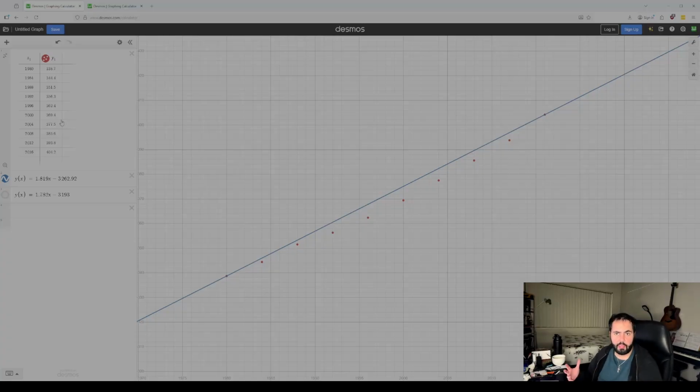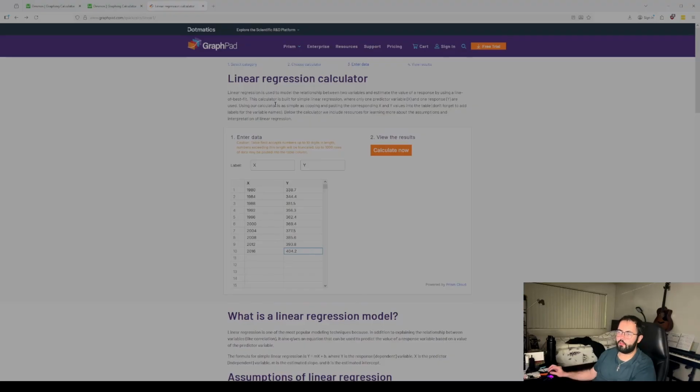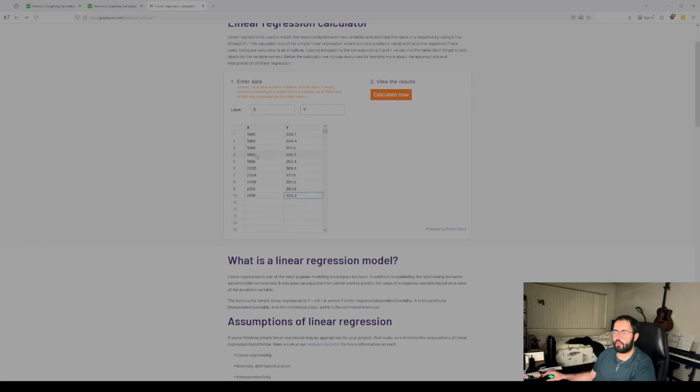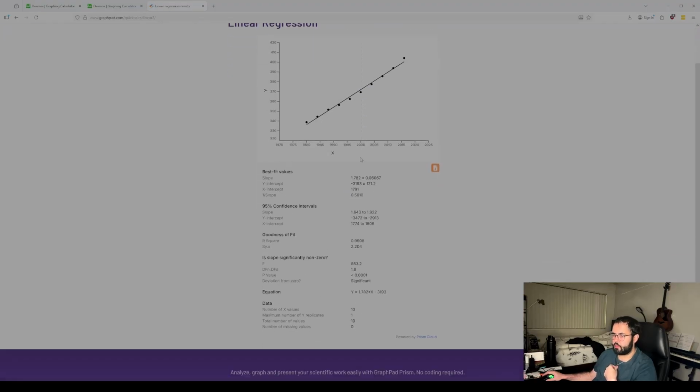So here what we have is a linear regression calculator. And pretty much all you have to do is you have to plug in your inputs and your outputs, and then after you create your table, you just calculate it and you get your results.